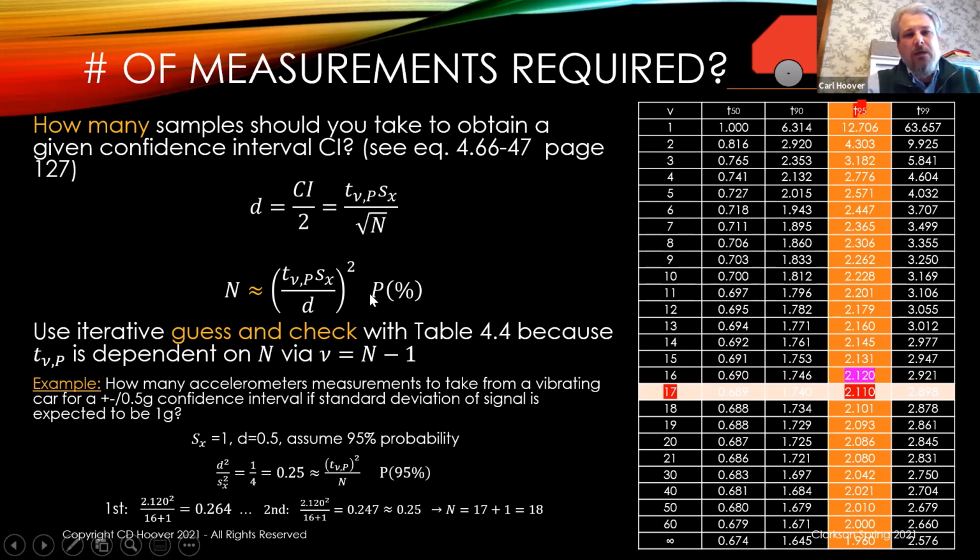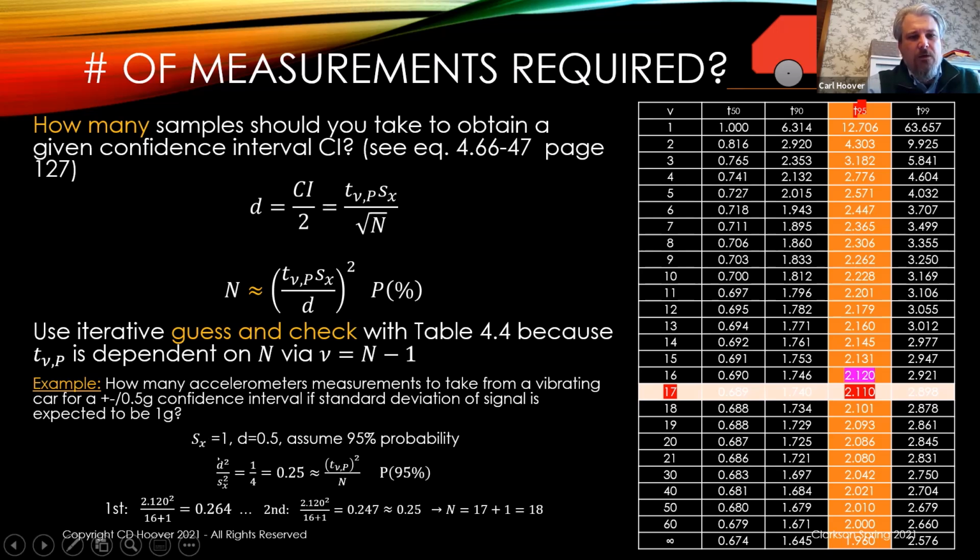And so how do we do that if we don't know the number? Well, we use a guess and check method because, of course, the t statistic depends on the number. So we might guess at first, I think we guess 16 at first. Well, let's actually first calculate the numbers out. I'll try it that way.